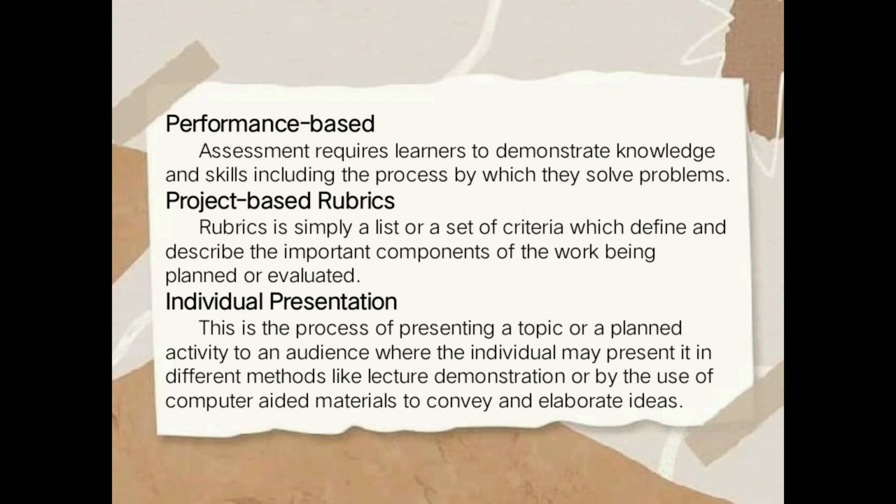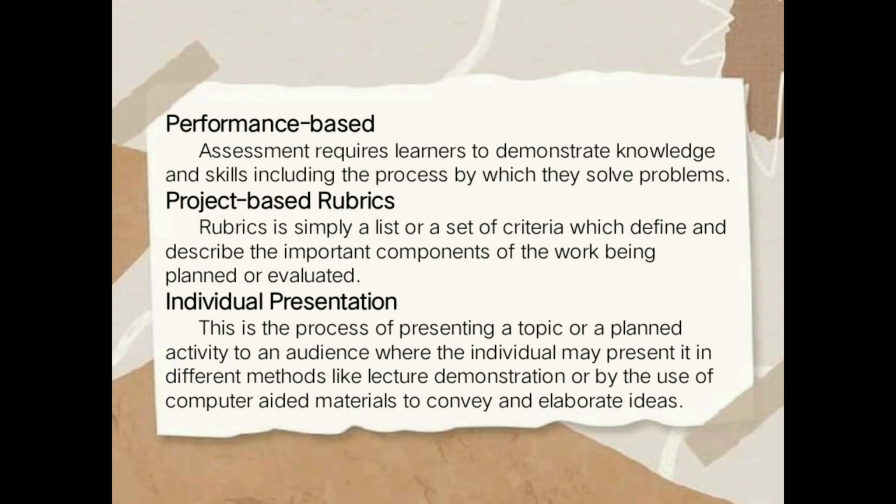A rubric is simply a list or a set of criteria which define and describe the important components of the work being planned or evaluated. Third, individual presentation. This is the process of presenting a topic or a planned activity to an audience, where the individual may present it in different methods, like lecture, demonstration, or by the use of computer-aided materials to convey and elaborate ideas.